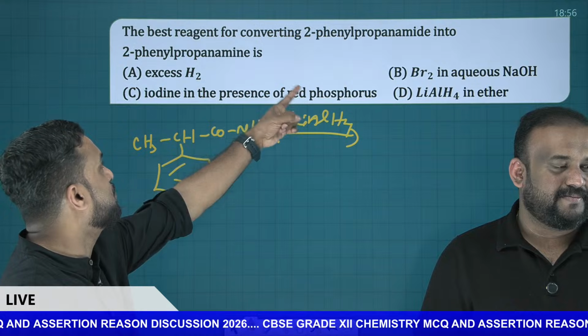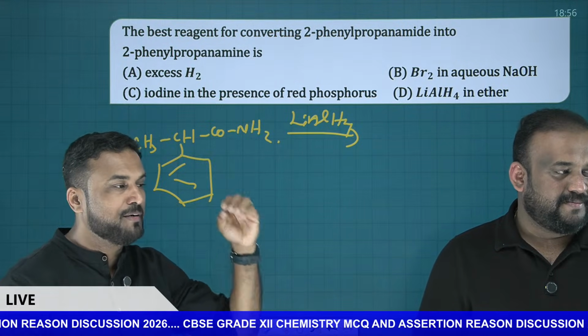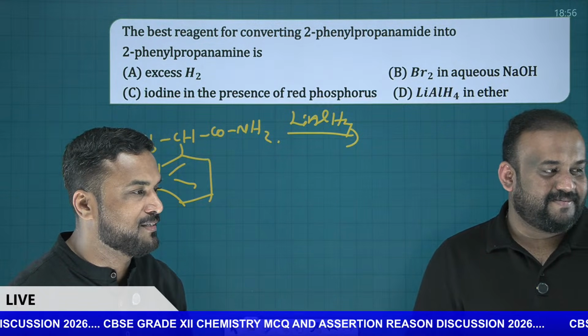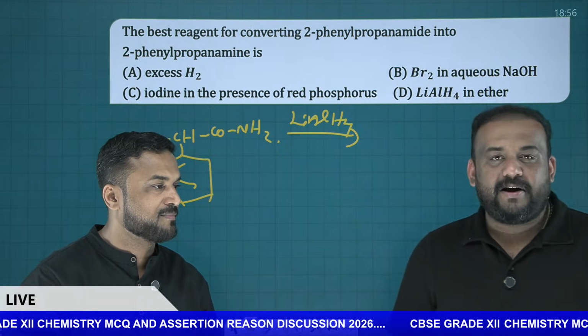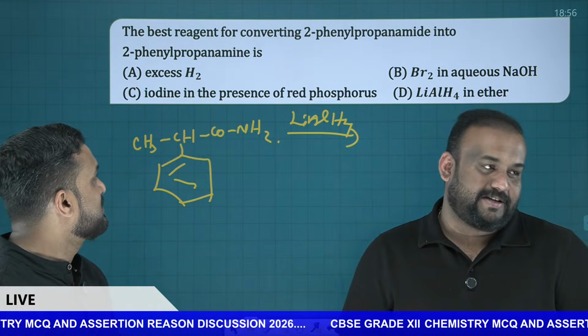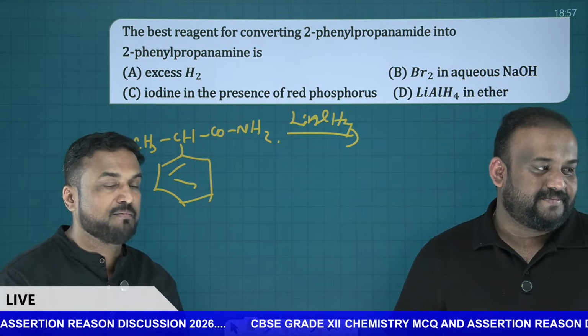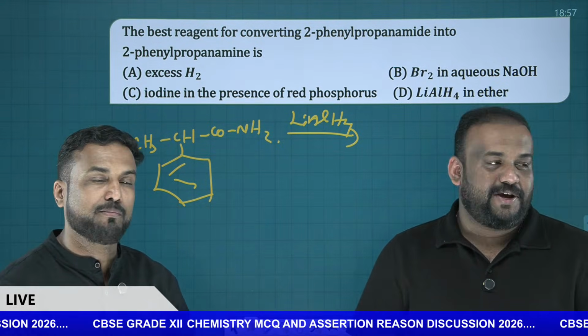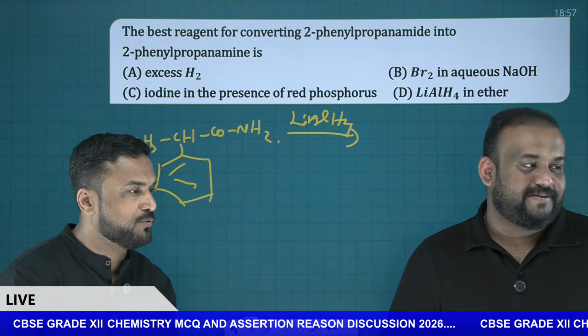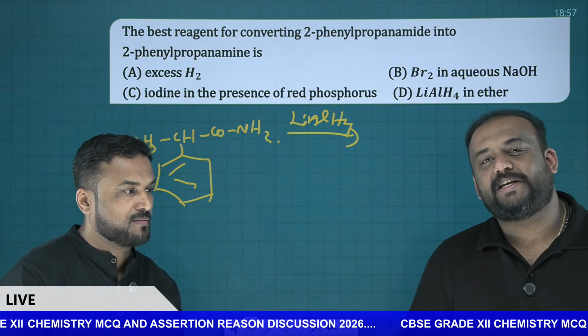If the carbon number is reduced, then it's a different case. Lithium aluminium hydride is the strongest reducing agent for amide to corresponding amine. Corresponding means the same number of carbons is retained: CONH2 will become CH2NH2.